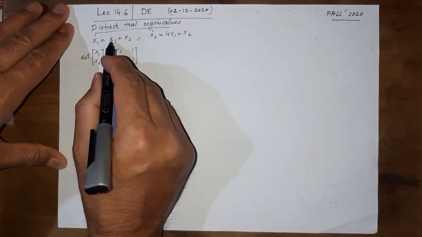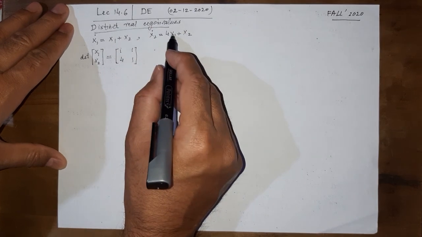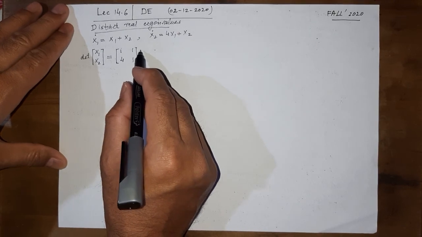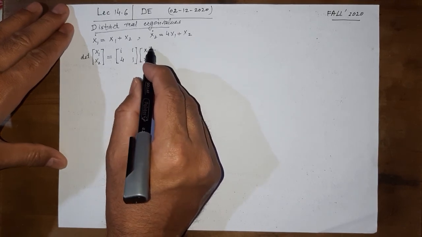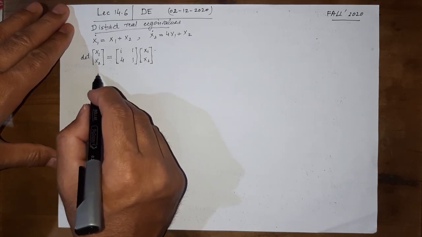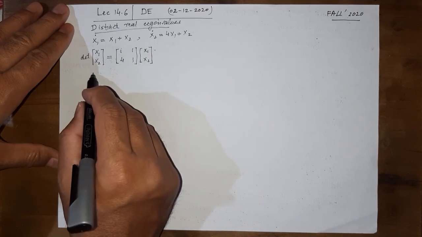They should be in order: x1 coefficient first, x2 coefficient second. If they are not in order, you bring them in order first, and multiply by x1 and x2. Once again, this is our x dot, this is A, and this is x.